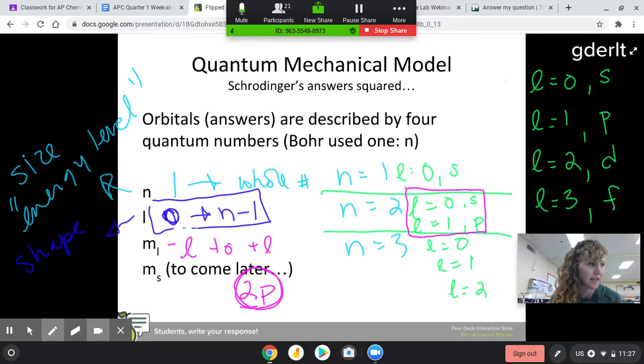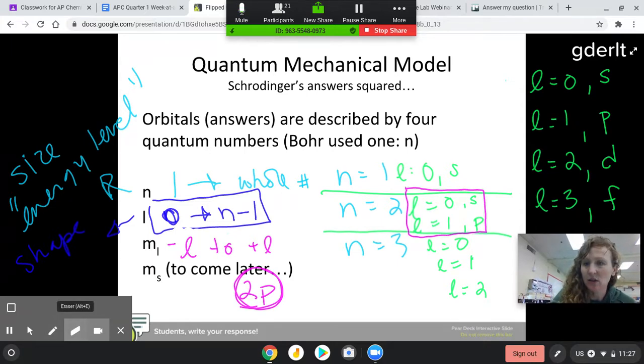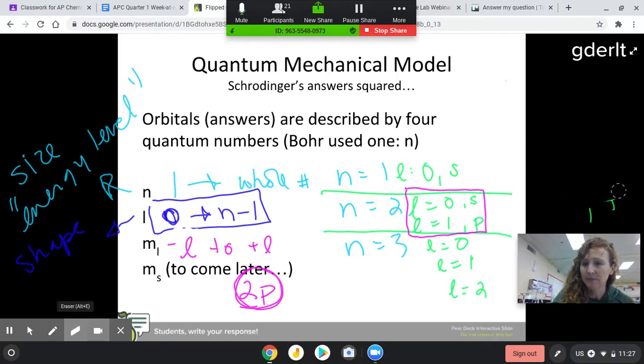The answers that I see are just missing little pieces, but the answers you have typed in are correct. So if you are one of those people who have typed in, you're on the right track. So let me delete this over here so I can kind of expand what I'm talking about.